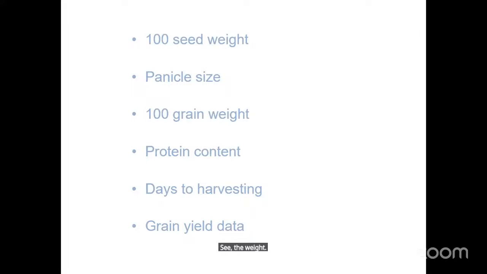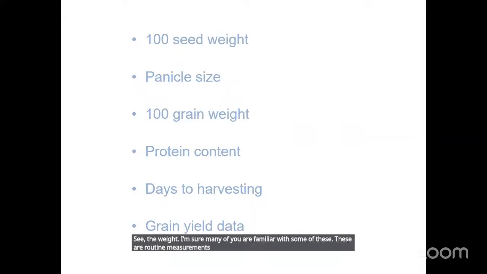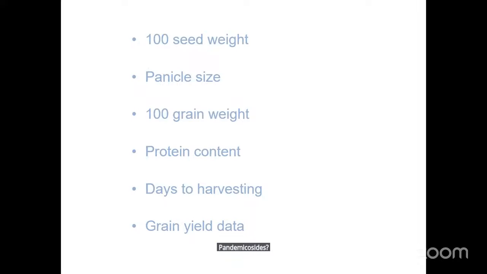I'm sure many of you are familiar with some of these. These are routine measurements. Panicle size, protein content, days to harvesting, and so on. Total grain yield.